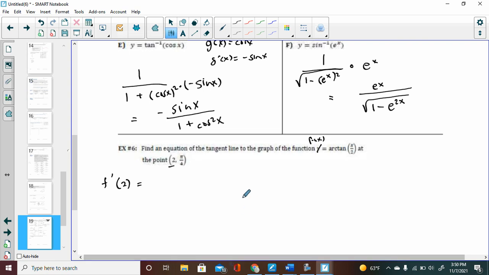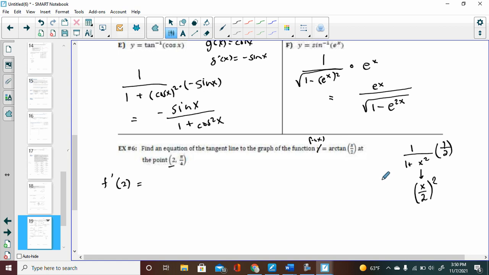We're just going to put it in the form that we have. So remember, the derivative of arctan is 1 over 1 plus x squared. Now, this x is going to become x over 2. We're going to square it. And the derivative is going to be 1/2.